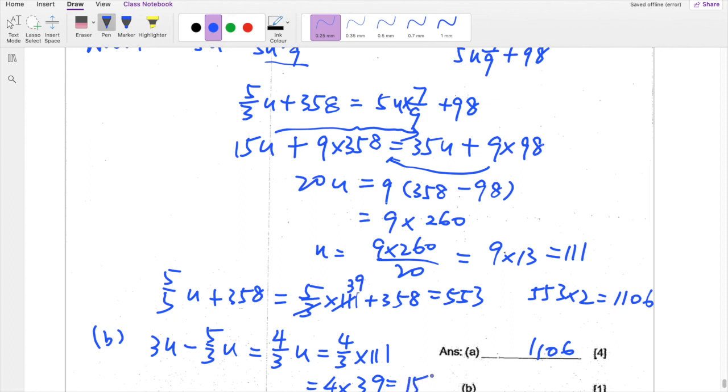This one gives 156. So this is the amount which alighted for the children at station B, right? This is initially at station A, and after we calculate based on the adult, we know that the total amount becomes 5 third U, right? So we minus this one, we know that alight is 4 third U, right? U is, we calculate 111, then we can calculate the number of children alighted at station B is 156.